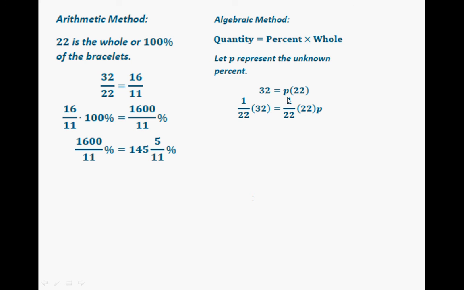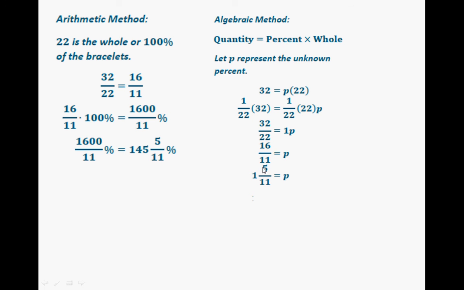So isolating P, we multiply by the reciprocal of 22, which is 1/22, and multiplying 1/22 times 32 gives us 32 over 22, the same thing we have over here. So reducing that down to 16/11, which gives us 1 5/11 as our percent.